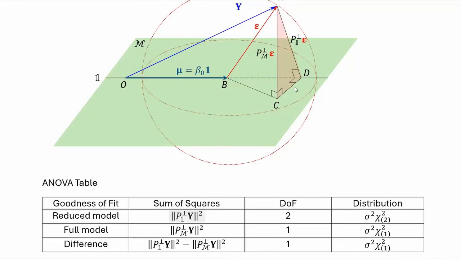In general, it should be DC length squared divided by the degrees of freedom of DC, and then divided by AC length squared divided by its own degrees of freedom. And as we have shown, DC and AC are orthogonal and therefore independent, and each follows a sigma squared times a chi-square 1 distribution. The F statistic in this case is just a ratio between two chi-square distributions with 1 degree of freedom.